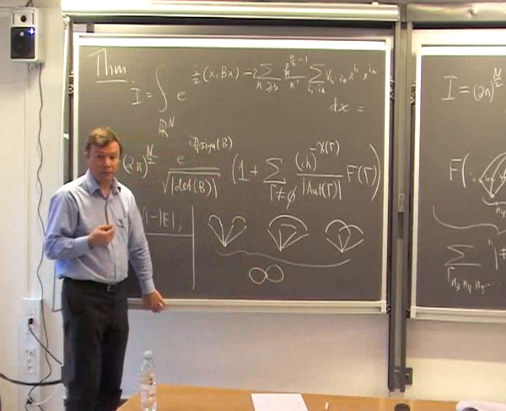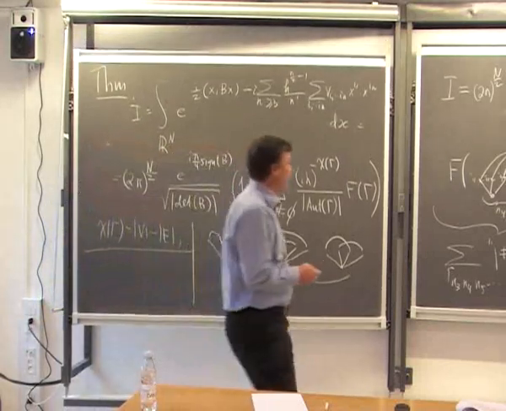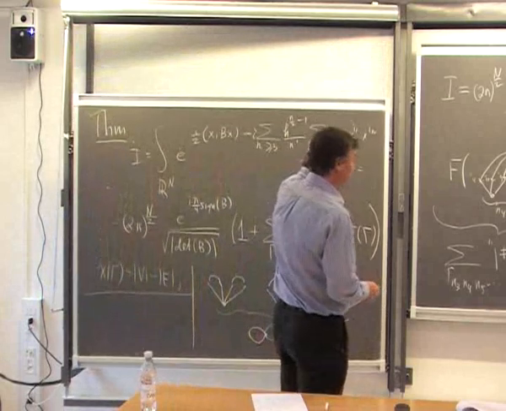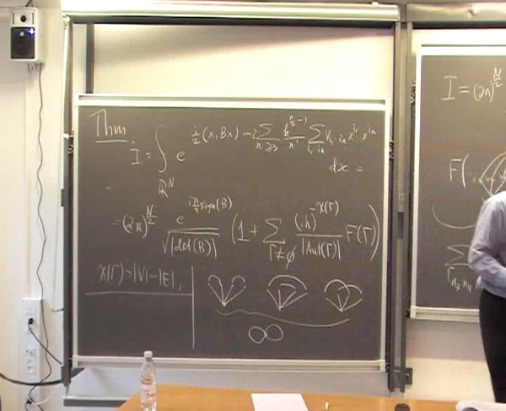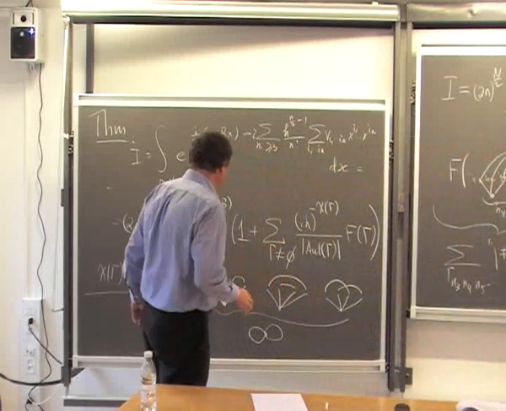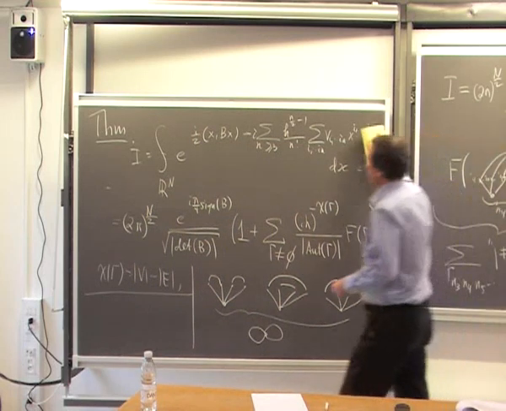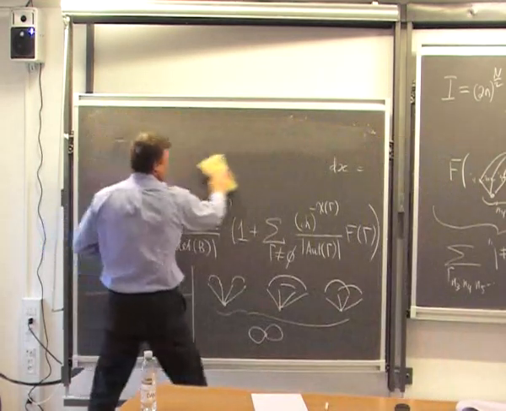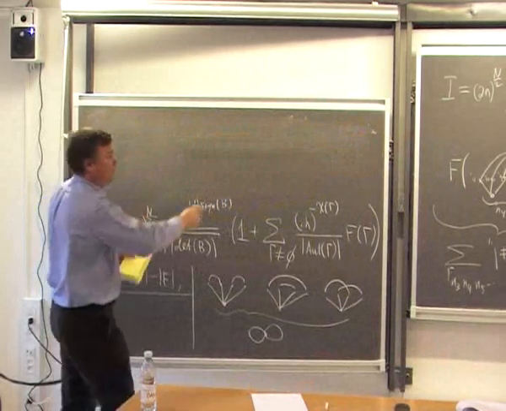So the factor will be 3. Okay, unfortunately I don't have the luxury of these 6 blackboards today, so I have to be a little more careful. So now let's look at the numbers there.